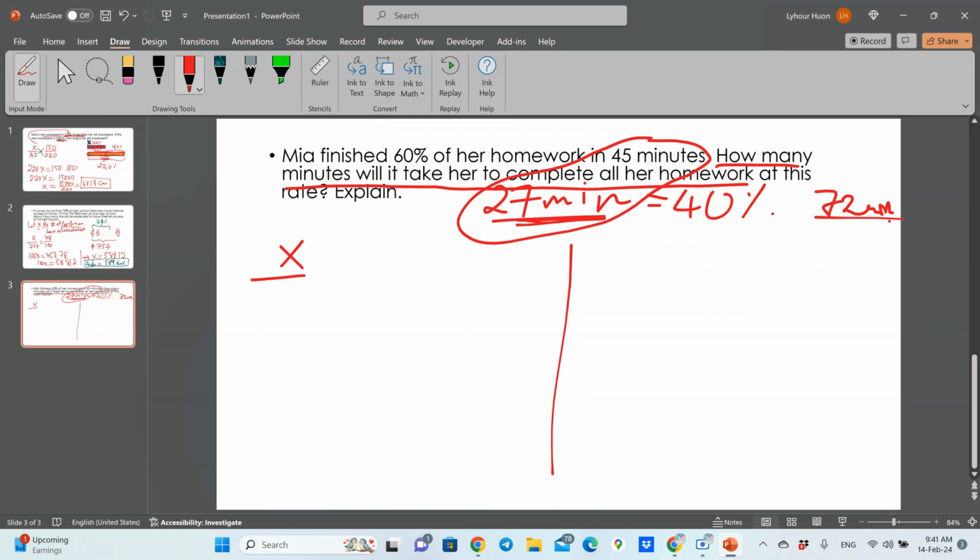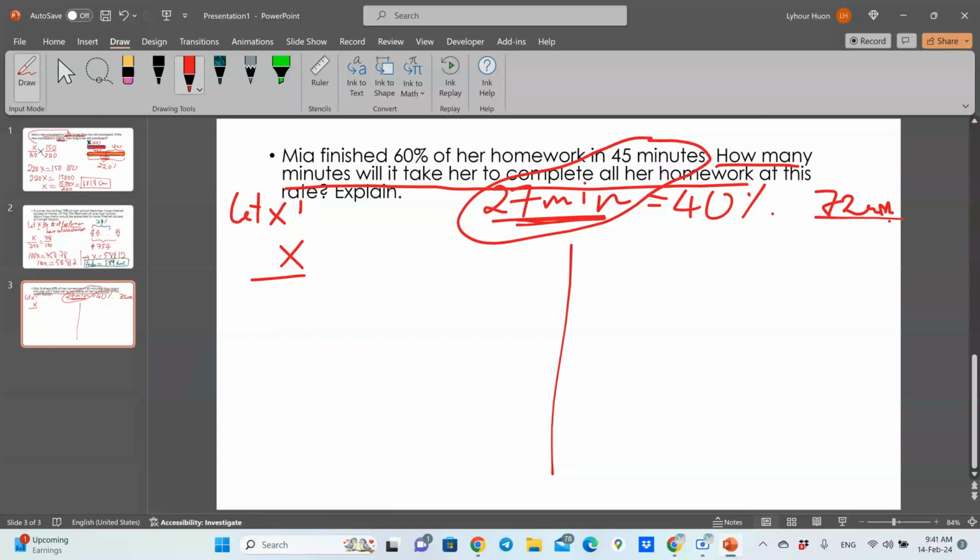X is the rest of the minutes we have to find. What is x first? X is the rest of the minutes we have to find. The rest of the minutes or the remaining minutes? Isn't that the same thing worded differently?